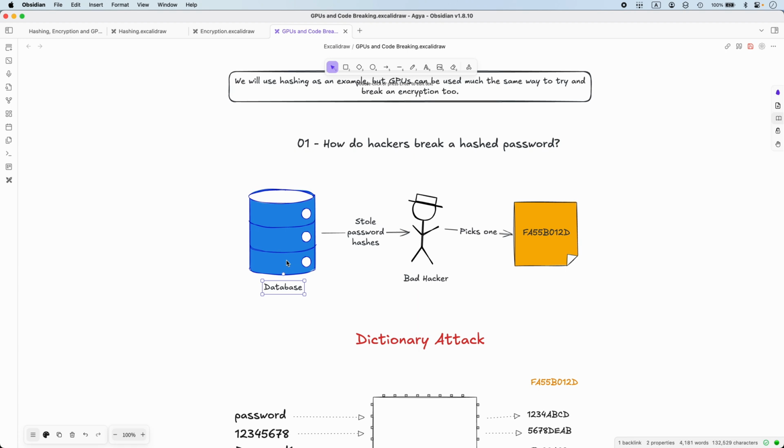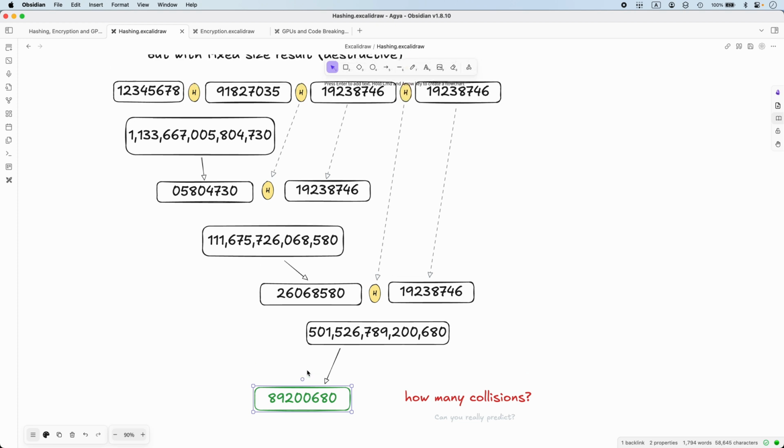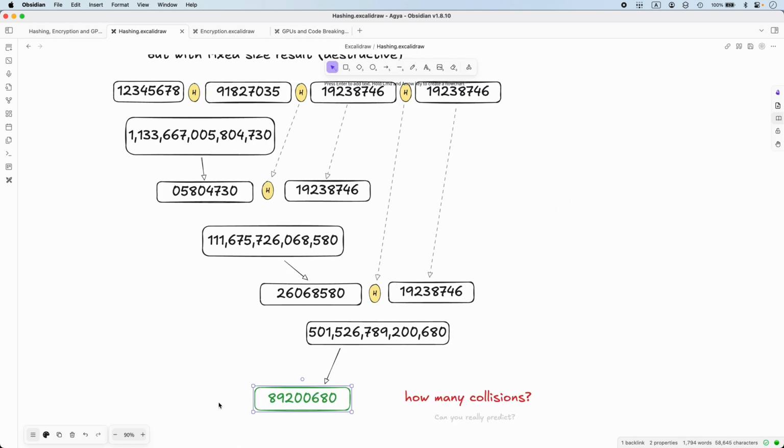Most sensitive websites or services where you enter your password, they don't store your password. They store the hashed version of your password. So with this same password, you'll be able to get the hash, but the password hash, which this guy has stolen, can't be used to derive the original password.